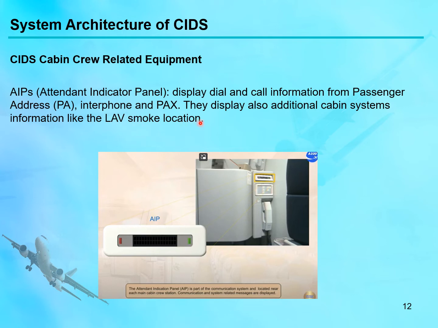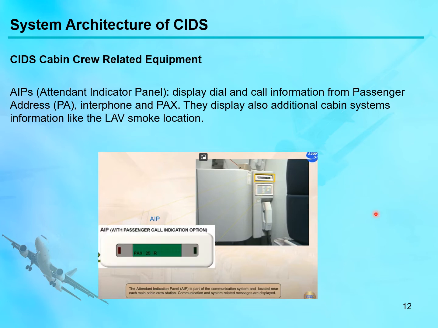And interphone and PAX. PAX means passengers. So they also display additional cabin system information like the lavatory smoke location. Okay, so if there's a smoke, it will indicate where the location is. Okay, something like this. All right, passenger 25R, okay, where the seat location. So there will be some indication here.